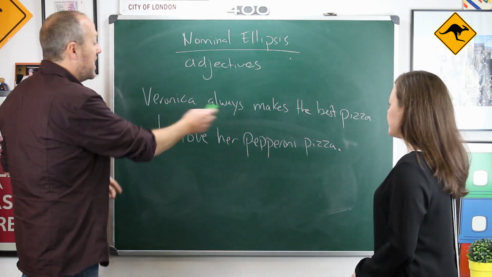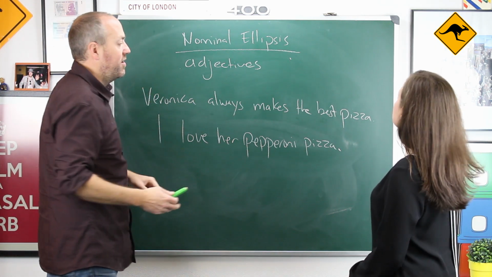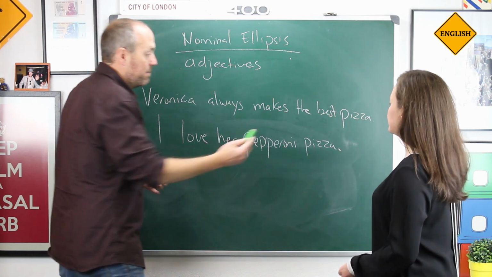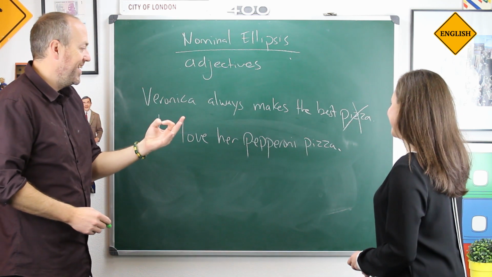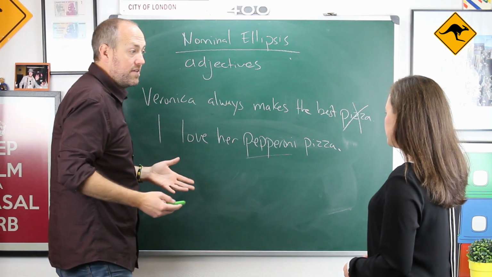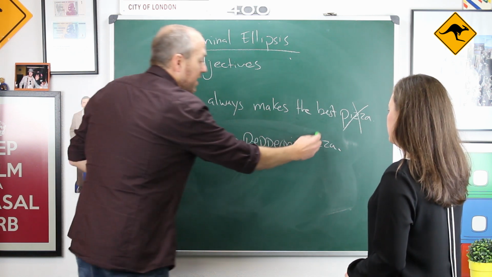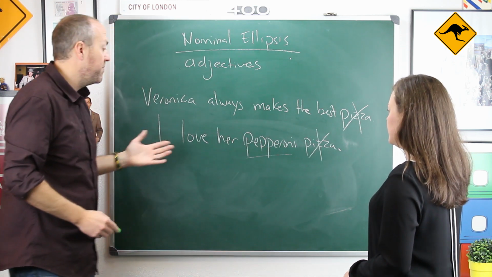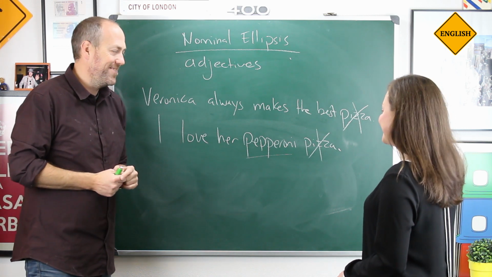In this case, we're talking about pizza. Veronica always makes the best pizza. But I can eliminate this. I can say she makes the best. Or here, this is a normal adjective describing the type of pizza. So here I can eliminate this. I can say, I love her pepperoni, meaning her pepperoni pizza.